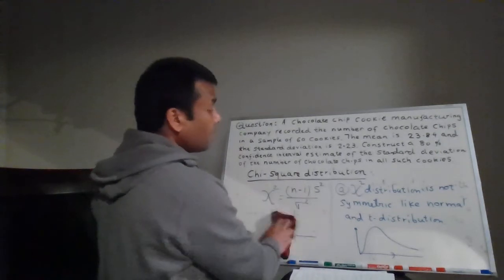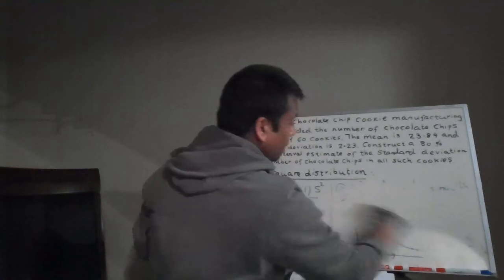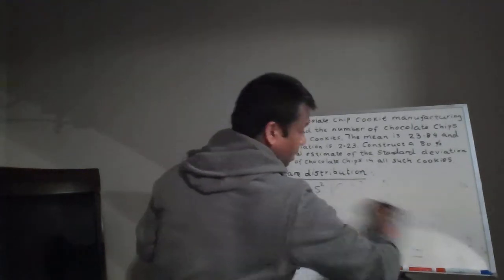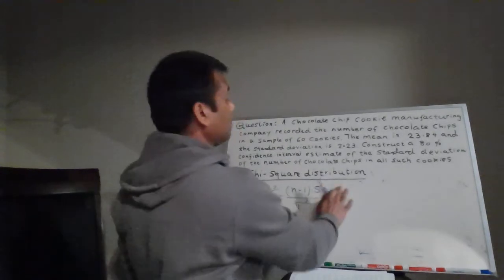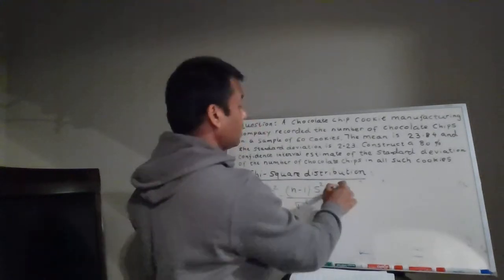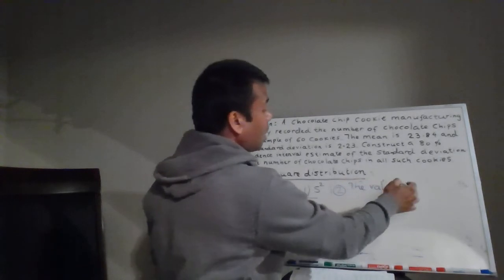But for the chi-square distribution the density curve is not symmetric. The next property is that the chi-square value is 0 or positive.